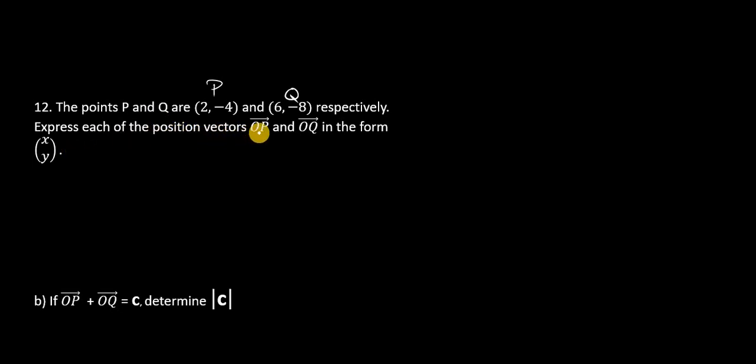Express each of the position vectors, position vector OP and position vector OQ, in the form of a column vector. So we're going to write position vector OP, which has the same components as the coordinates of P. Remember, position vector OP relates to point P. And the next one, position vector OQ, will have the same components as Q, 6, -8.